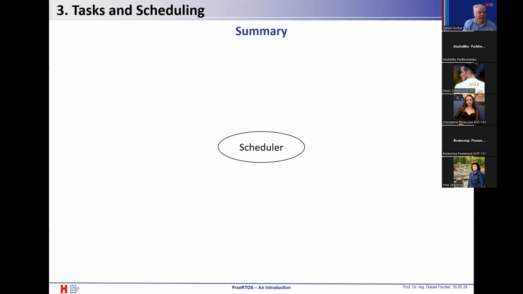This is at the beginning very, very confusing, because the task creation itself is done somewhere before the scheduler is started. And here you enter the priority, and the priority plays a very important role for the scheduler.